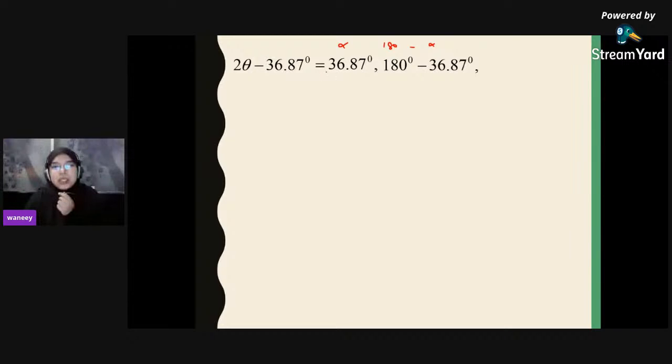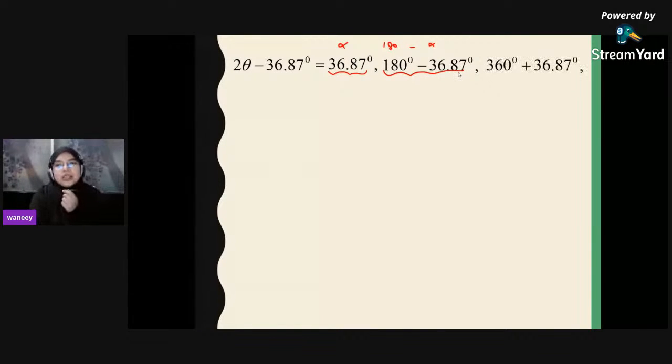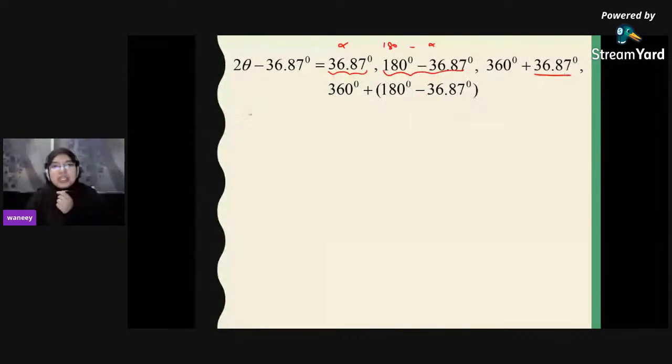So you simply take the first value, you plus with 360, and then take the second value, you plus with 360. So it will become 360 plus with alpha. And then another one is 360 plus with 180 minus 36.87.